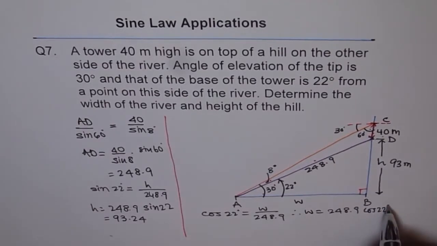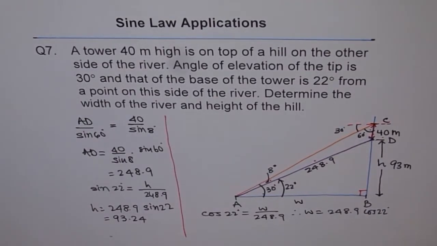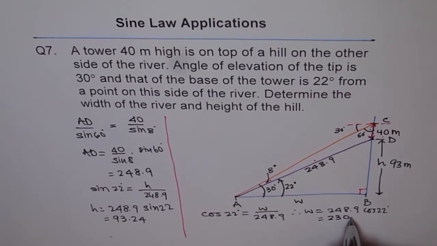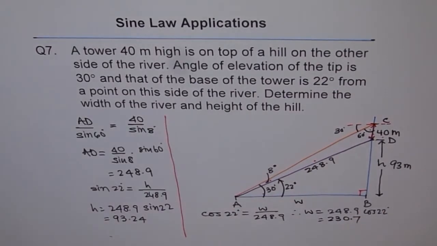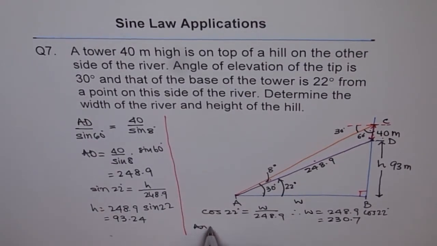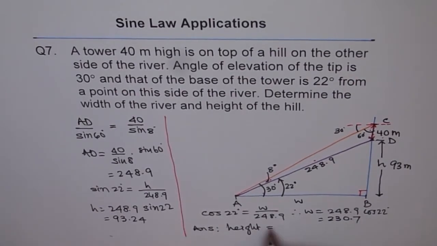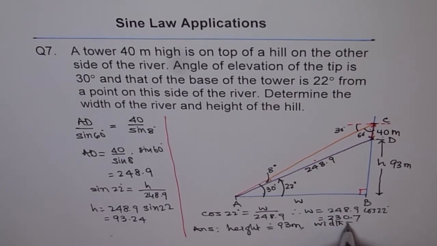That is 230.7. So that is the width, right? We can now write down the answer. The answer for us is height equals 93 meters and width equals approximately 231 meters, right?